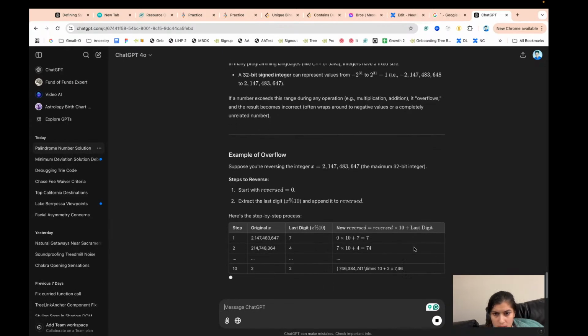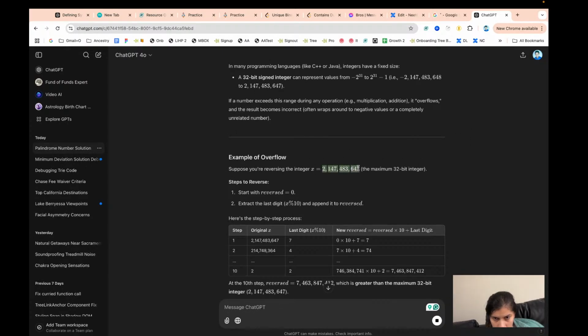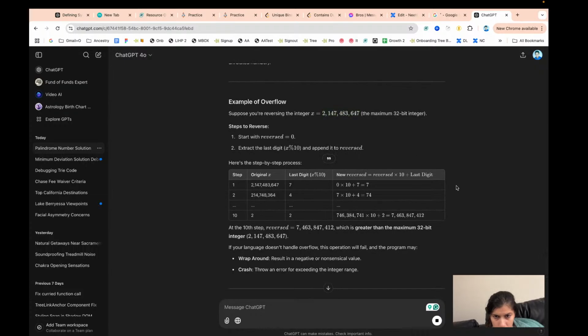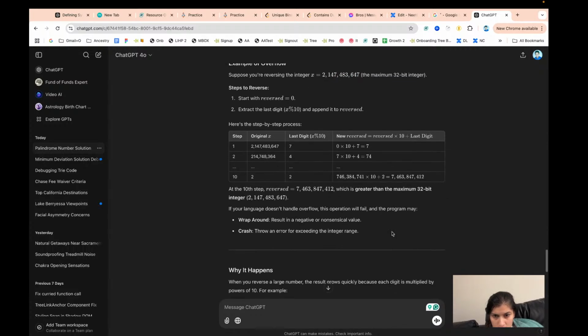So if I'm reversing this number, this is the maximum 32-bit number, and if I'm reversing it, then it will be 7463847412, obviously, which is greater than the maximum 32-bit. So if it is 2147... how many digits are there? 1, 2, 3, 4, 5, 6, 7, 8, 9, 10.